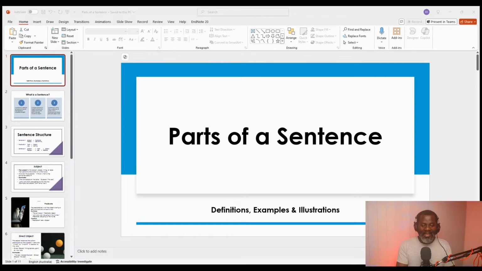Let's look at another example. John and Mary are going to the movies. Realize that John and Mary is a compound subject. Compound means two subjects, at least in the sense of grammar and subjects in a sentence.